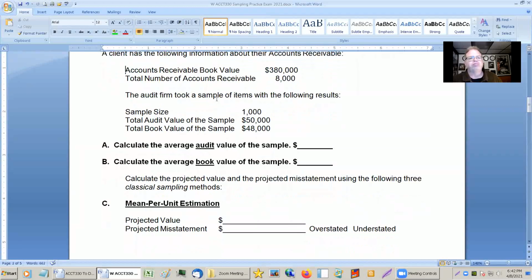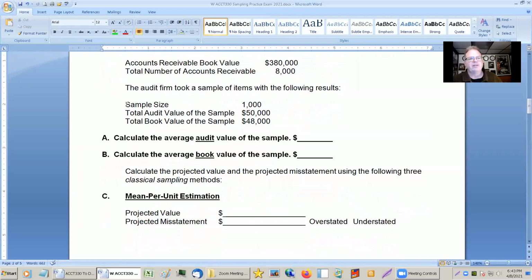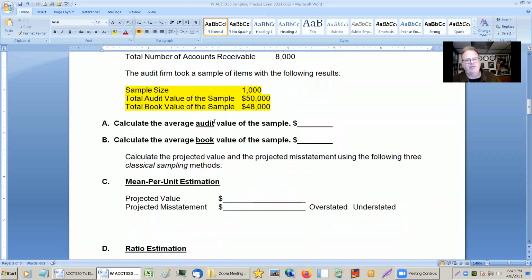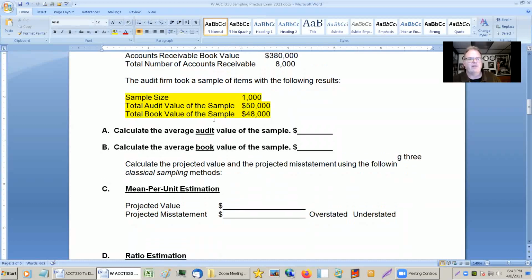Okay, so here is our sample. I'll make that yellow. All right, and we have to find the average audit value of the sample and the average book value. And so this is pretty easy.